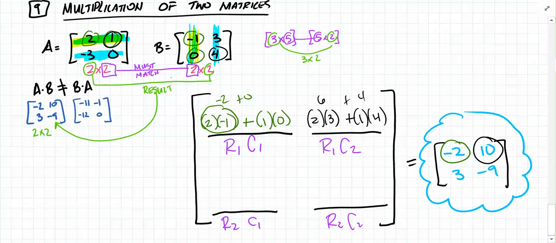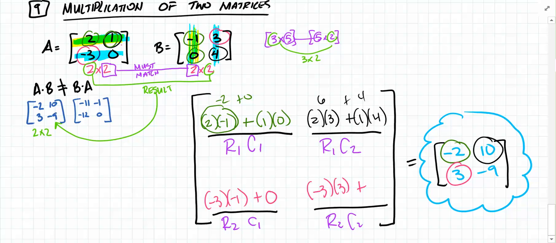And then negative 3 times negative 1, that's where the positive 3 comes from. Similarly, to finish up the problem, row 2 by column 2 would look something like this. Negative 3 times 3, that would be this one times this one, plus, well, I see a 0 in there. That's really nice. That's going to knock everything out for me. And look, that value is where the negative 9 comes from.